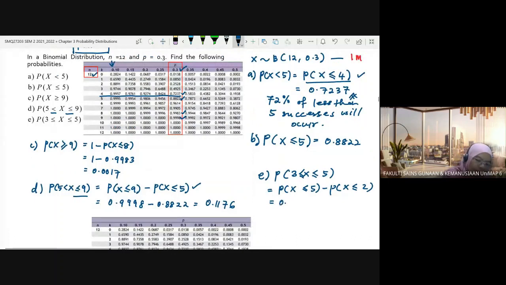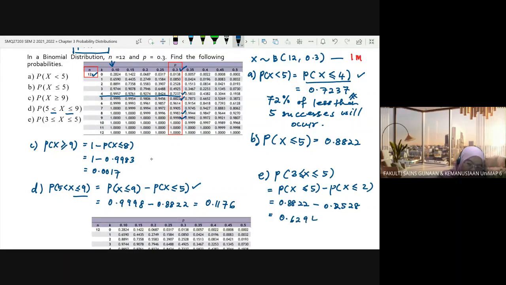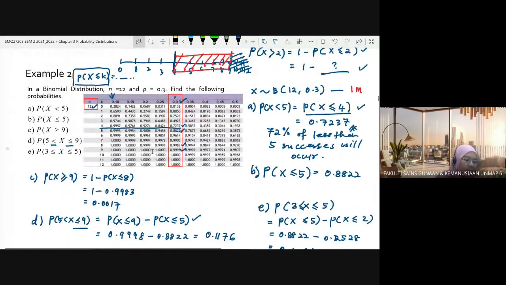So this will be 0.8822 minus 0.2528. What's the value here? 0.6294. Okay, correct.